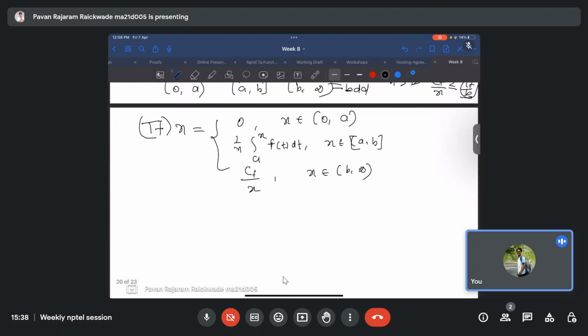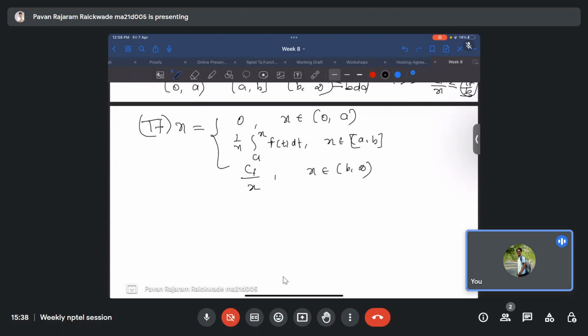This is what our Tf is for every f belonging to C_c(0, infinity).